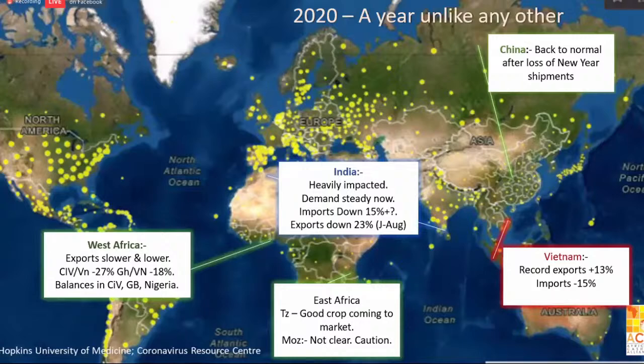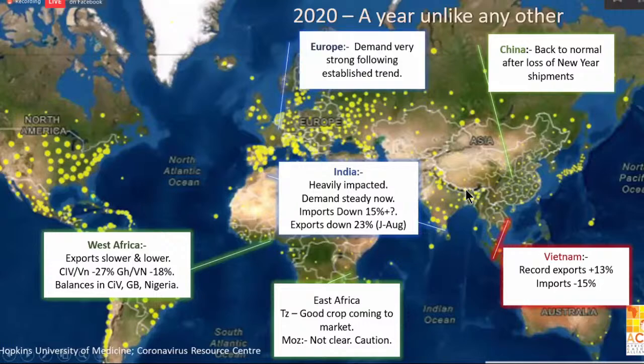As was said at the time, those weeks of loss of shipments will never come back. That demand will not be repeated, but at least demand is quite positive in China now. If we look in Europe, Europe has been very heavily affected by the pandemic. Much more so in the southern European countries than in the northern European countries, but also countries like the UK have been very badly affected.